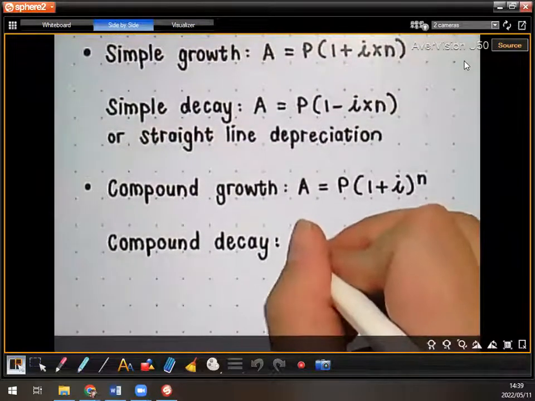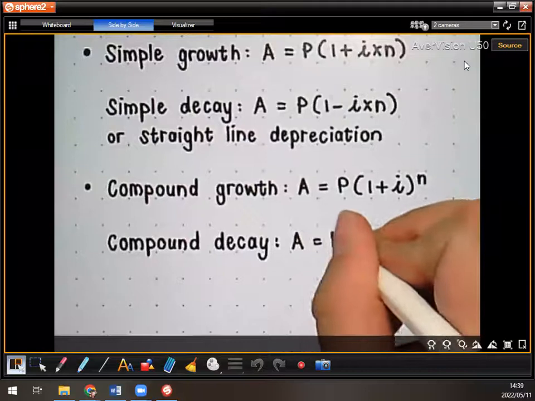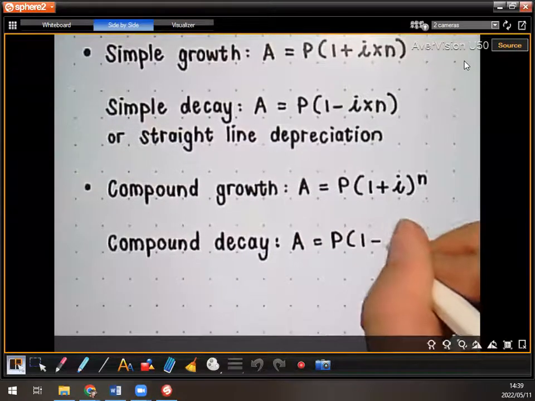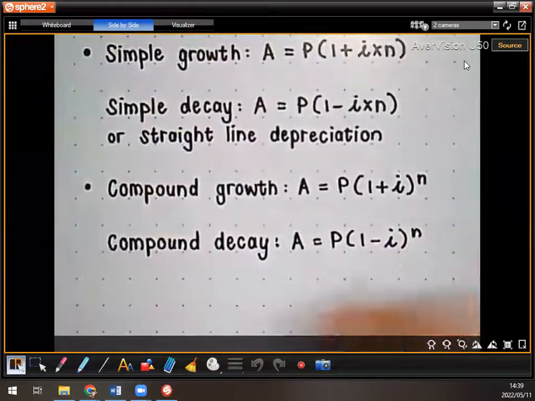That is A equals P bracket 1 minus I to the power n. So the formulas are the same, it's just plus for growth and minus for decay, for decrease.